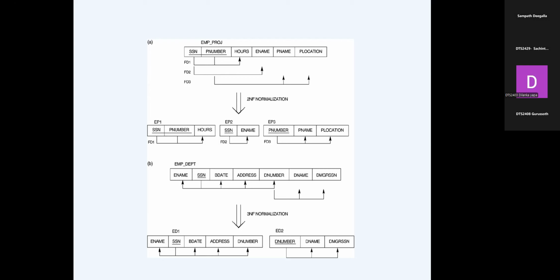Yes. Now, given these set of attributes, and given that the primary key is both social security number and project number, my question for you is, is it in the first normal form?